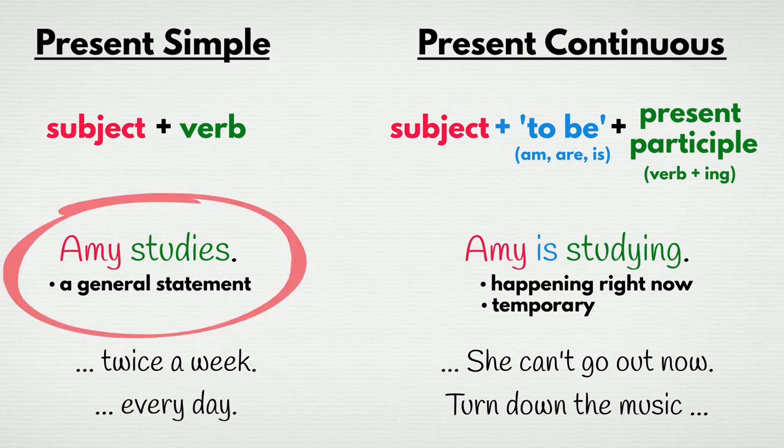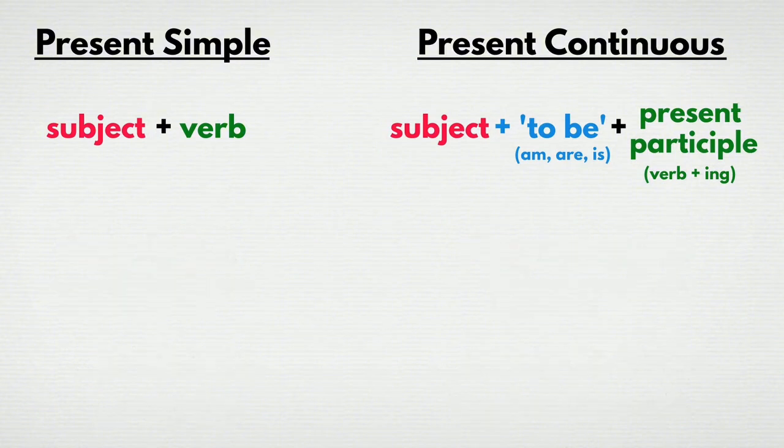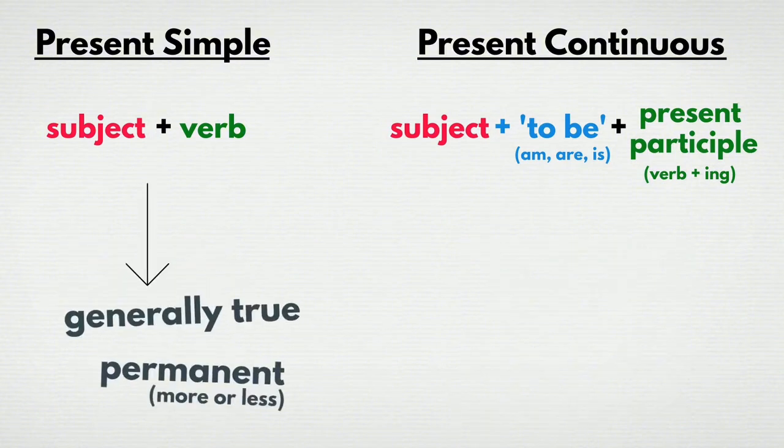This sentence is saying that the studying is part of her routine. It's something that is more or less permanent. Amy is going to continue to study until she finishes her course. Present simple is used for things that are generally true and permanent. Present continuous is used for things that are true now, temporary.